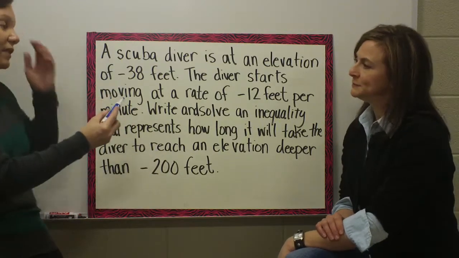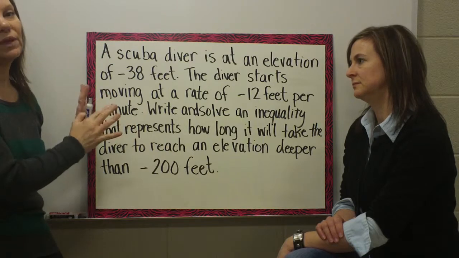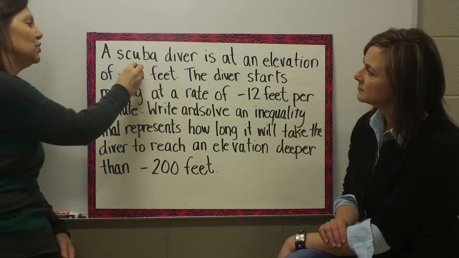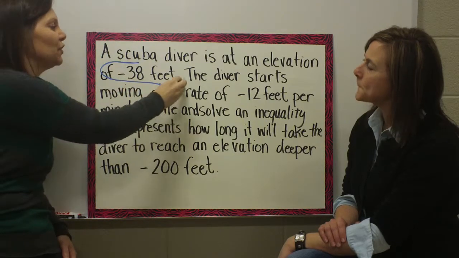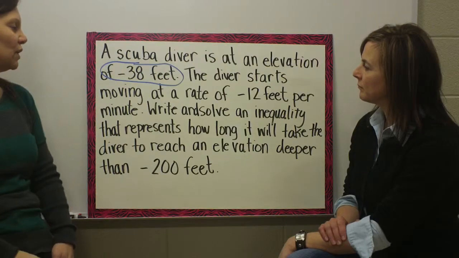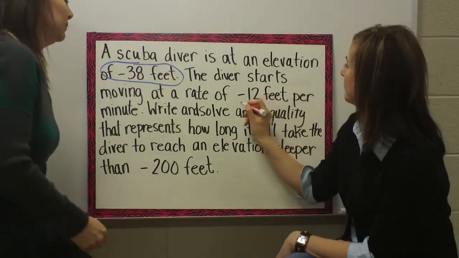All right, I'm looking at this problem and I'm going to be moving the board in a moment and rewriting my highlighted material, which is our starting point, which is going to be negative 38 feet. It also says the diver is starting to move at a rate of negative 12 feet per minute.